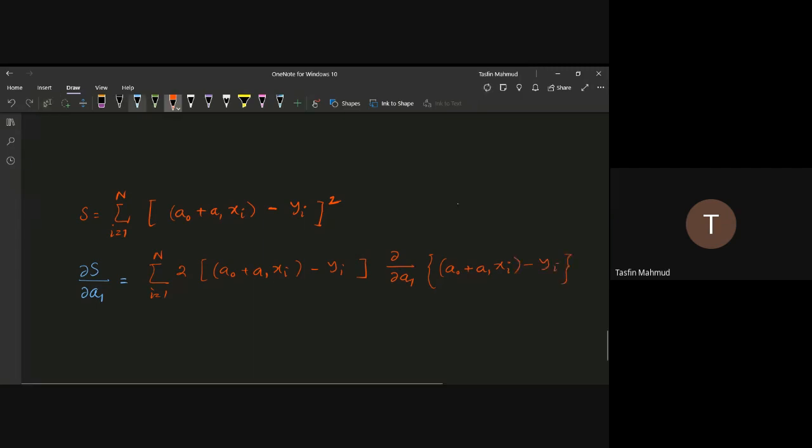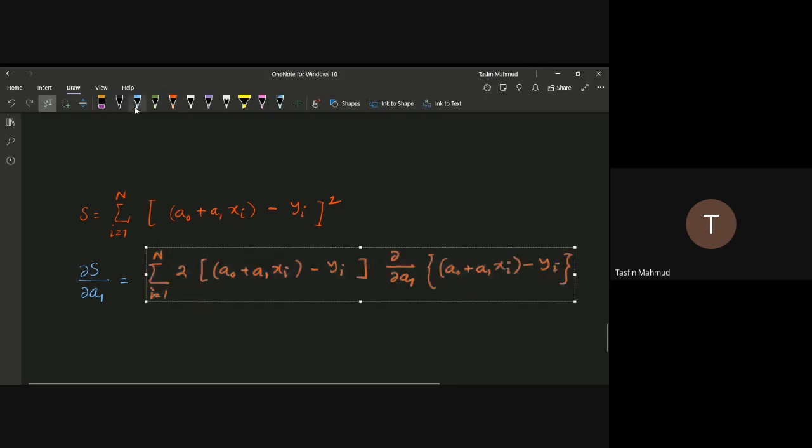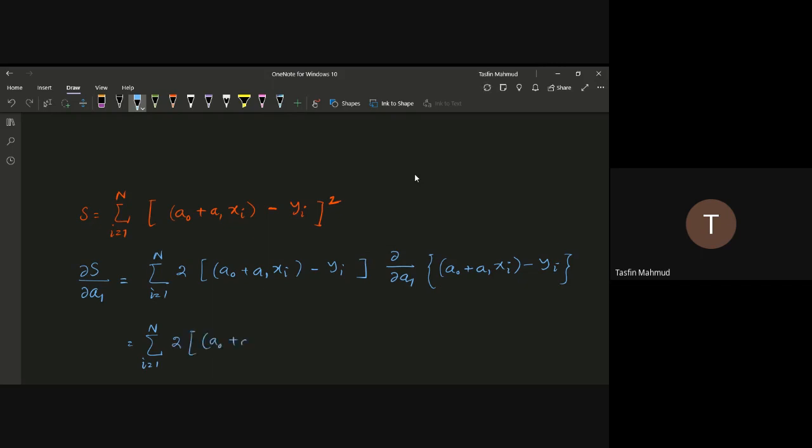Okay, so if we consider the derivative now, let's make this thing in color. We get summation i equals 1 to n, and we have a0 plus a1 xi minus yi, and if we take the derivative of this thing with respect to a1, we will consider everything other than a1 as a constant.